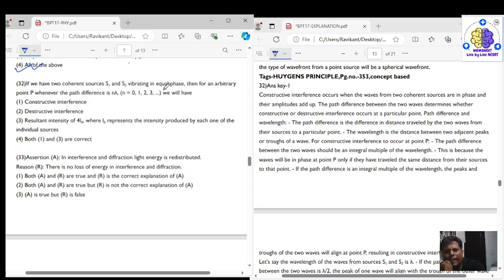Because if delta x is equal to n lambda, we will have constructive interference. So the correct answer for this is option 1. We will not have destructive interference. Resultant intensity of 4I0, where I0 represents the intensity produced by each one of the individual sources.